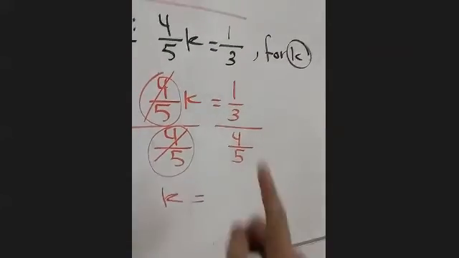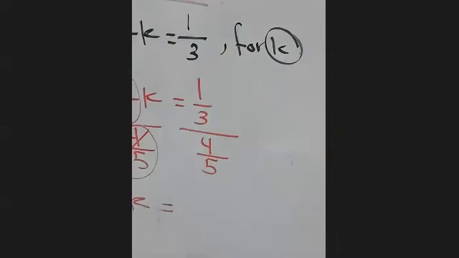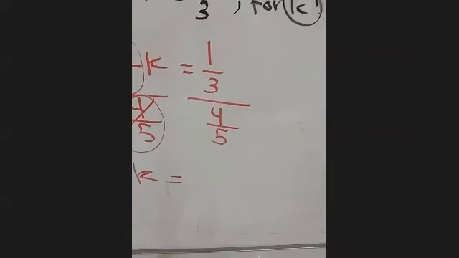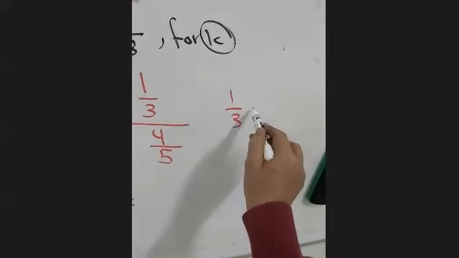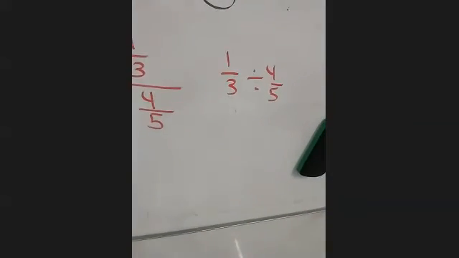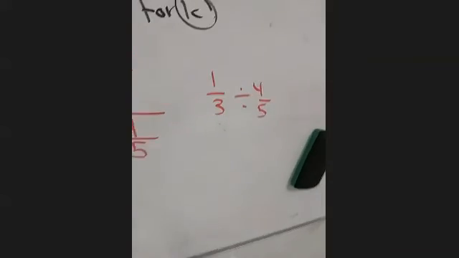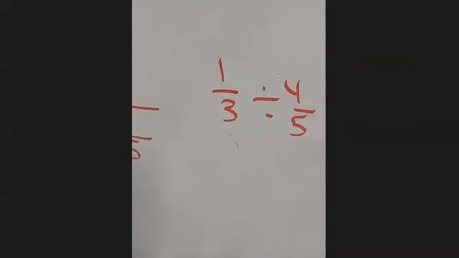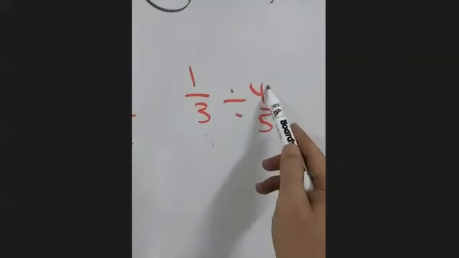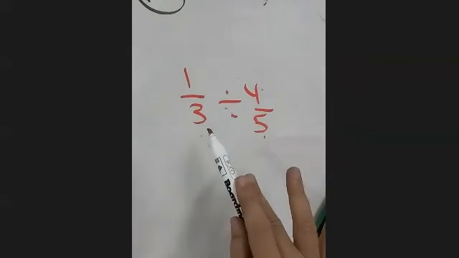Equal. Here, what will we do here? Divide 1 over 3 divided by 4 over 5. What will we do? Tell me, how do we find the answer here? First thing we write them beside it: 1 over 3 divided by 4 over 5. Then we divide 1 and 4, and divide 3 and 5. We divide 1 divided by 4 and 3 divided by 5.